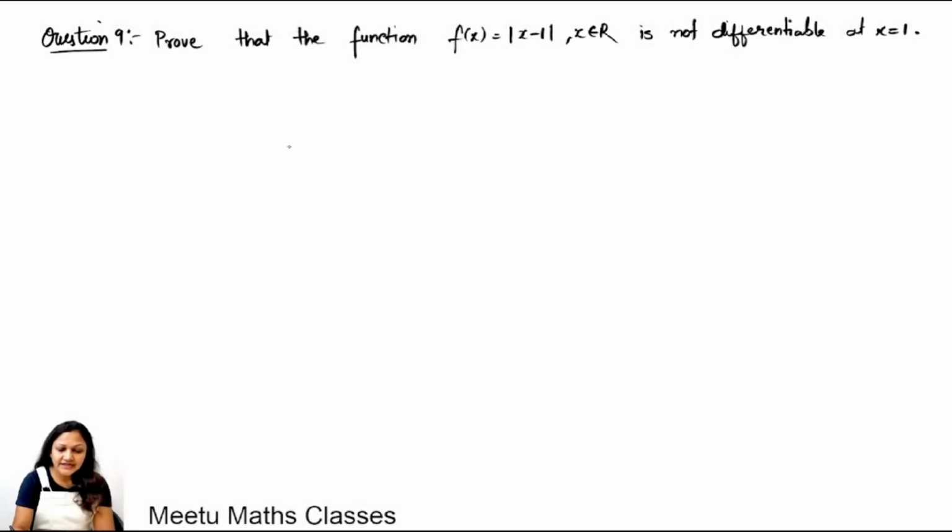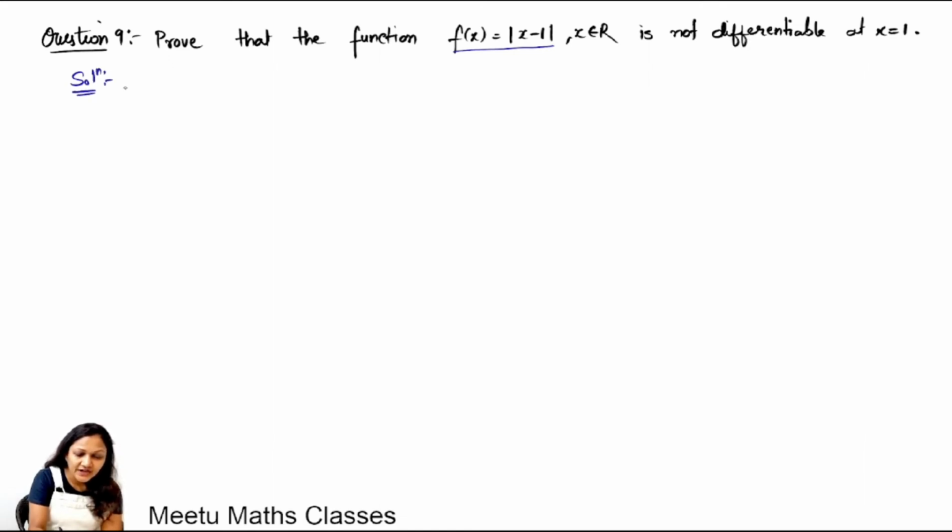Now question number 9 is prove that the function f(x) is equal to modulus of x minus 1, where x belongs to the real line, is not differentiable at x equals 1. So we are supposed to first define our function.